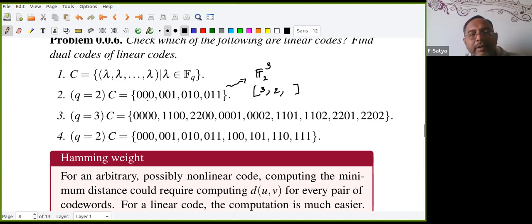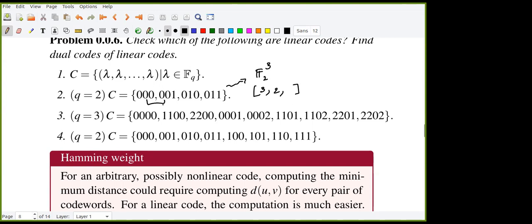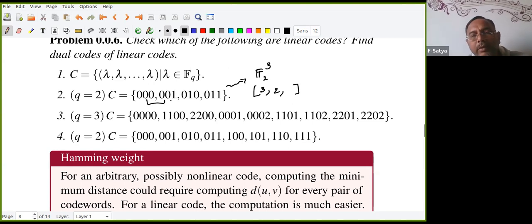What is the distance between these two? 1. Can you have a distance less than 1? No. I do not care that the distance between these two is 2. The distance of the code is the minimum of all the distances. So it is 1.